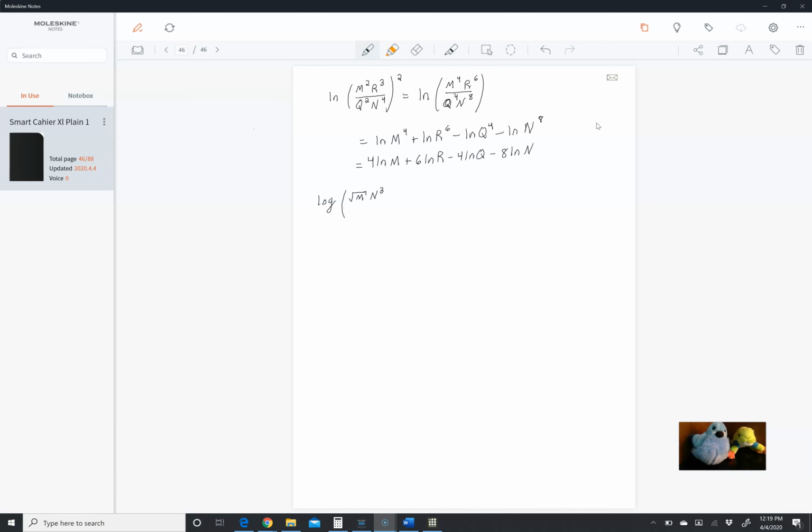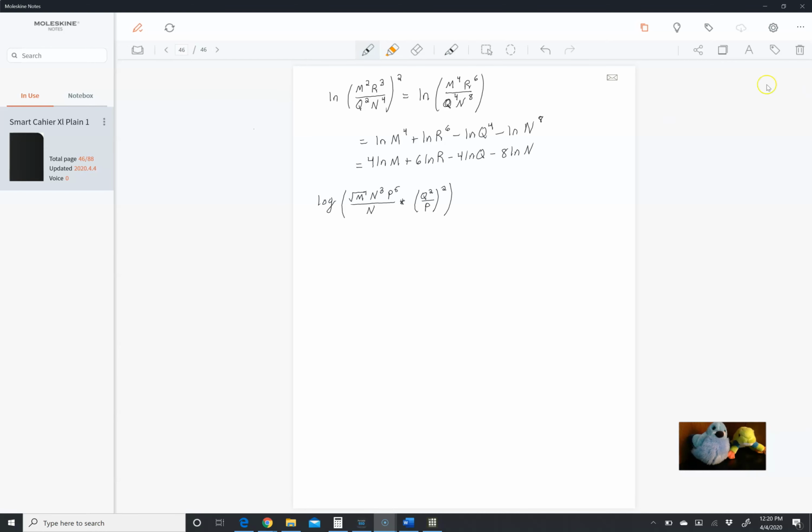N cubed p to the 5th over n times q squared over p squared.